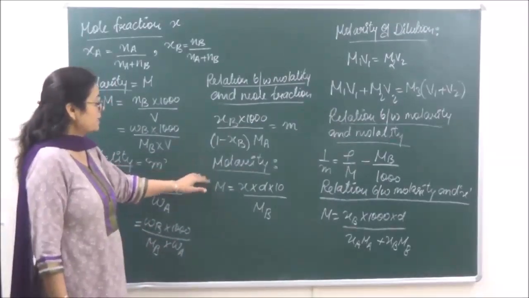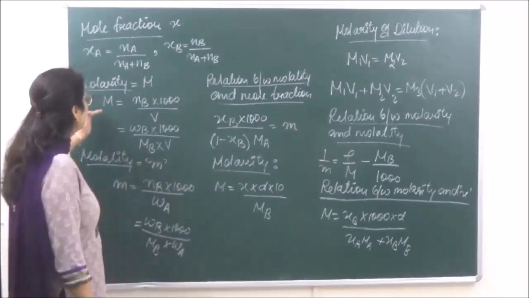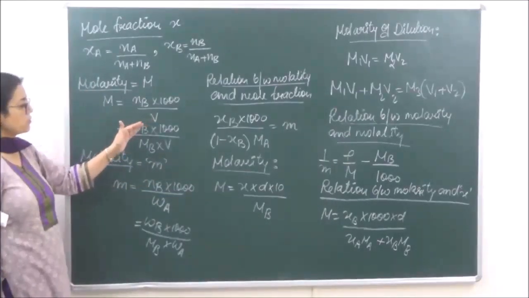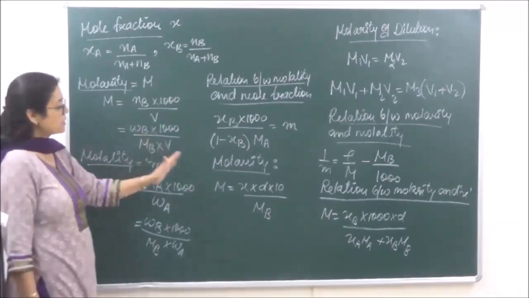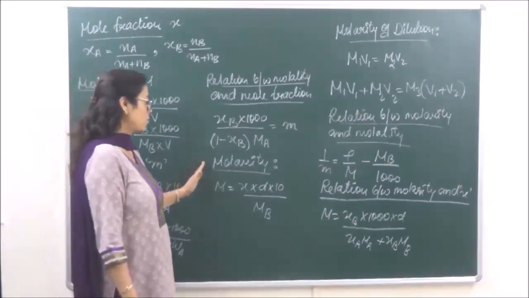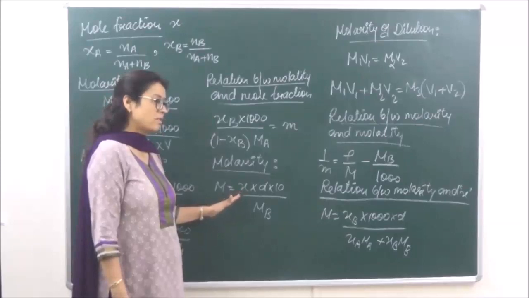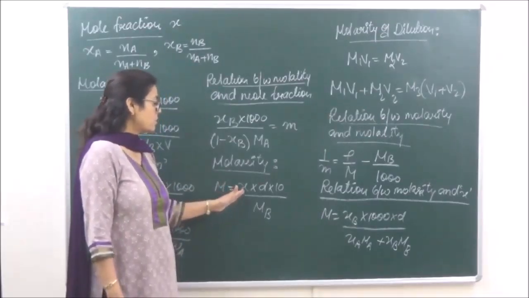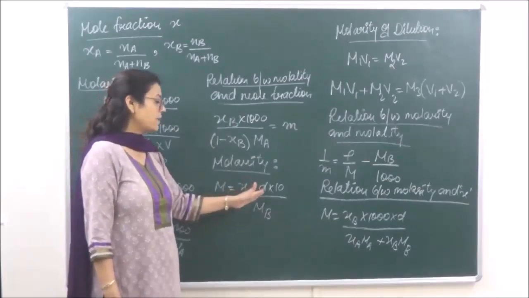Then molarity, an alternative method than this which is given over here, M is equal to nb into 1000 upon V. So there is one alternative method of molarity, that if the percentage is given to us, we calculate molarity by taking into consideration the percentage and the density.